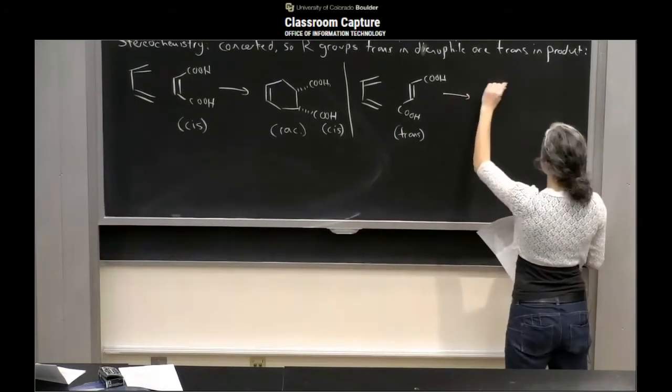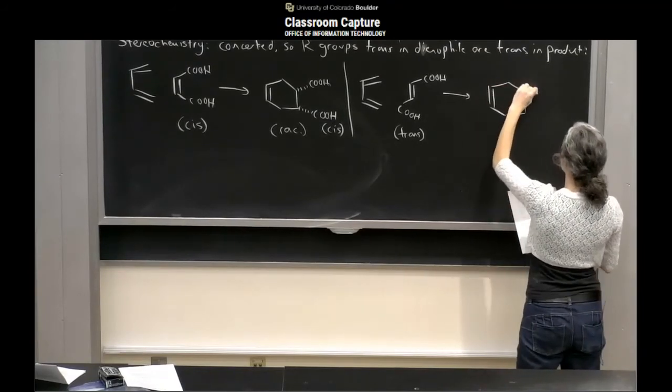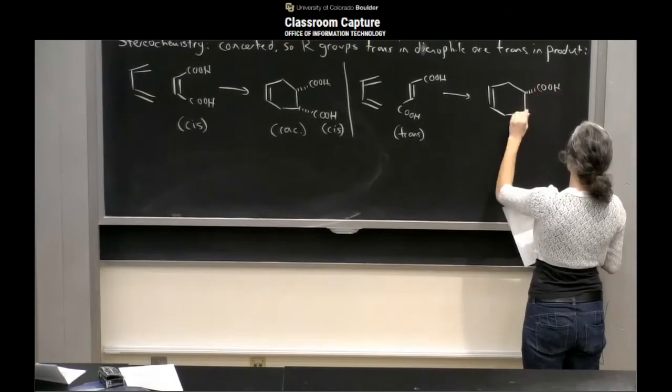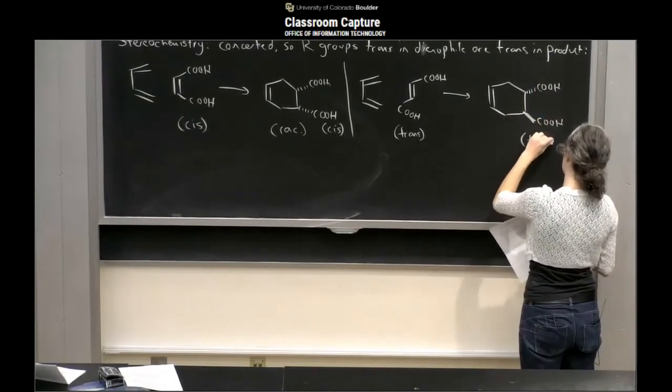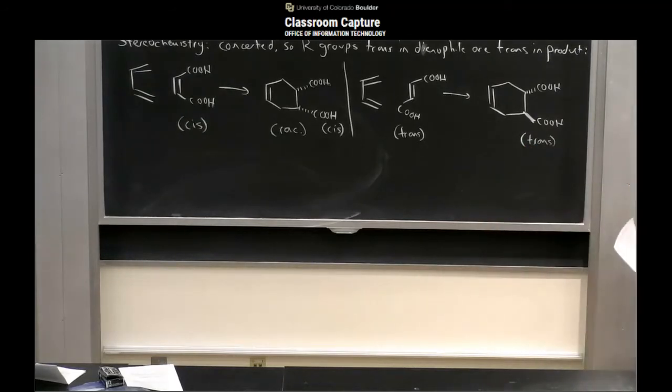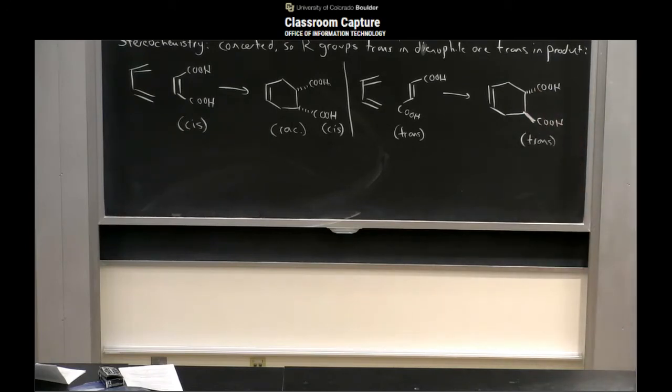Then when I stick this thing together, one is going to have to be bold and one is going to have to be dashed. So like that. And again, this one actually is going to be a racemic product because having this one dashed and this one bold is actually a different molecule from the other way around. Okay, questions about that? Yeah.